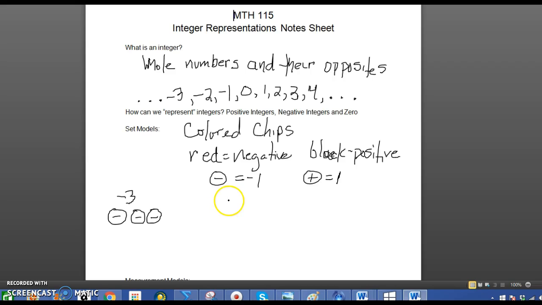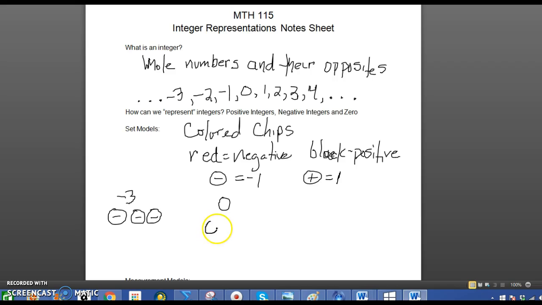So one of the most important things, especially when you start using operations, addition, subtraction, multiplication, is that you need to be able to represent 0. And that seems pretty obvious at first. If I want to represent 0, then I put absolutely nothing down, right? So I don't have any positive chips. I don't have any negative chips. But you find out pretty quickly with integers that that's kind of the whole point of integers, is that they have this great property to zero each other out, if you will.